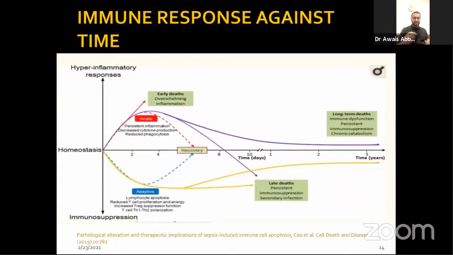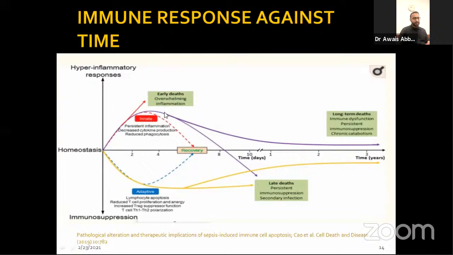And there are actually three fates, or three stages, in which the patient can land. If the patient has a hyperinflammatory response that shoots up very quickly without achieving any plateau, the patient can succumb to the critical illness and overwhelming inflammation, and can die very early.